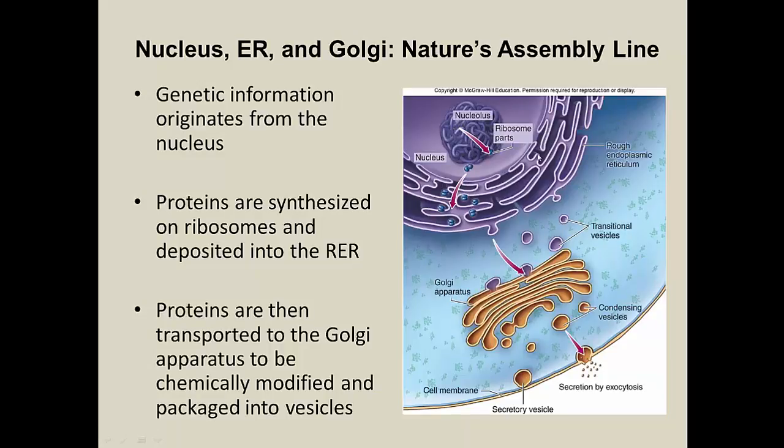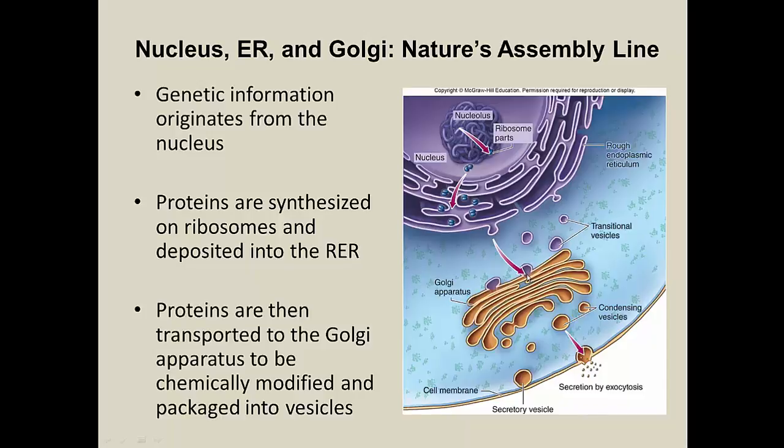Here's another figure showing the nucleus. Here's the endoplasmic reticulum. Here's some of the products being made inside the endoplasmic reticulum, and what ends up happening is those products are packaged up in these little vesicles that are then transported across this gap in the cell to the Golgi apparatus. So these little vesicles actually carry some of the proteins that are made here and deliver them to the Golgi apparatus.